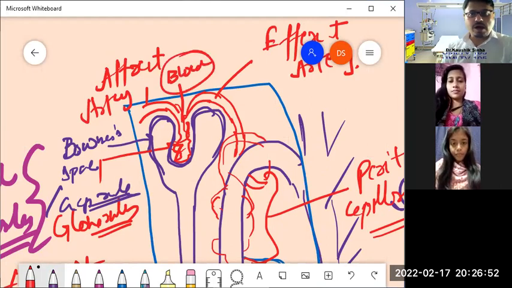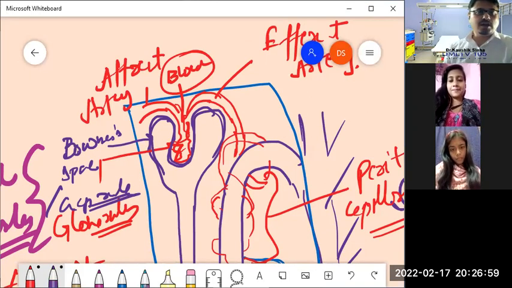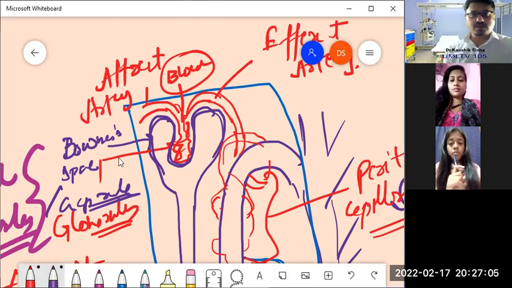But the part that is present in the urinary part, that is in the Bowman space, is basically a filtered product of the blood. What did I say here? Let me write in a separate space.